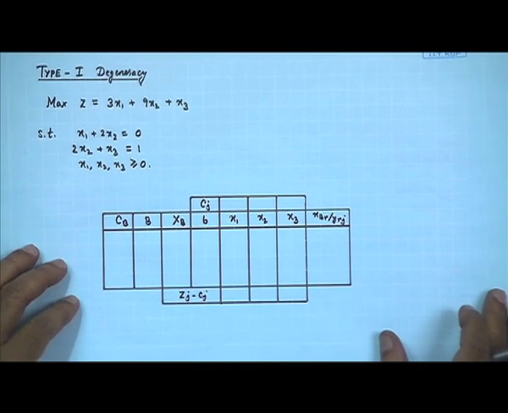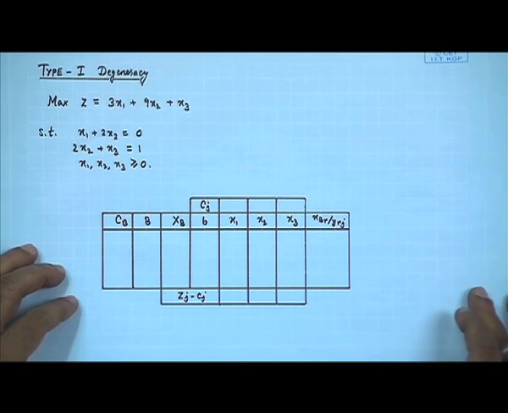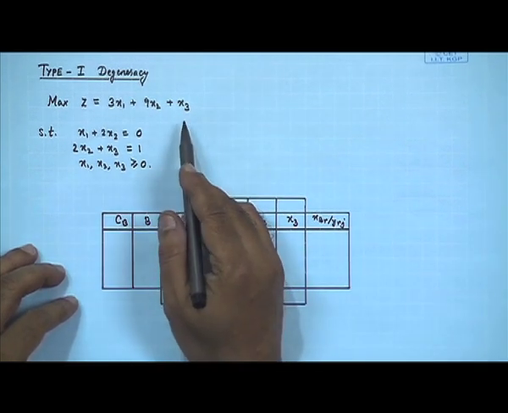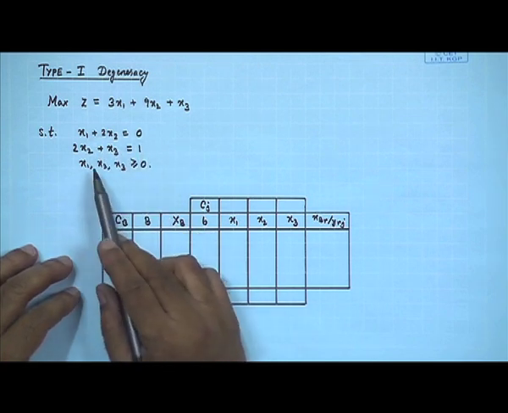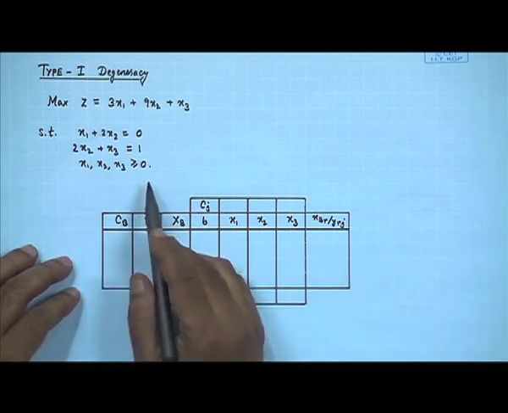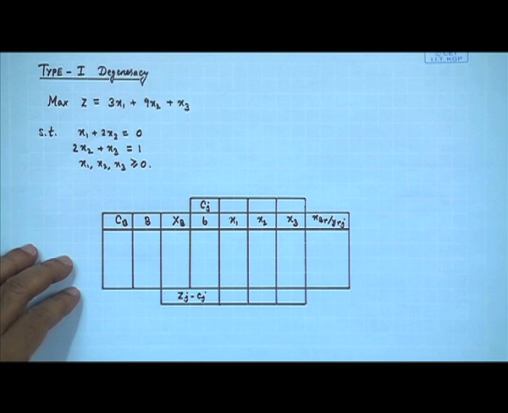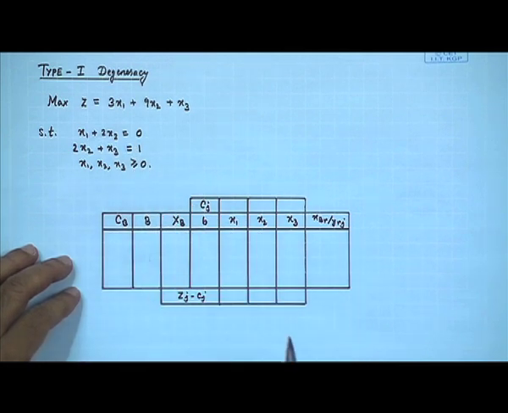First one, let us take type 1 degeneracy, that is maximize z equals 3x1 plus 9x2 plus x3 subject to x1 plus 2x2 equals 0 and 2x1 plus x3 equals 1 and x1, x2, x3 greater than or equal to 0. Now here if you see, all these constraints are equality constraints.